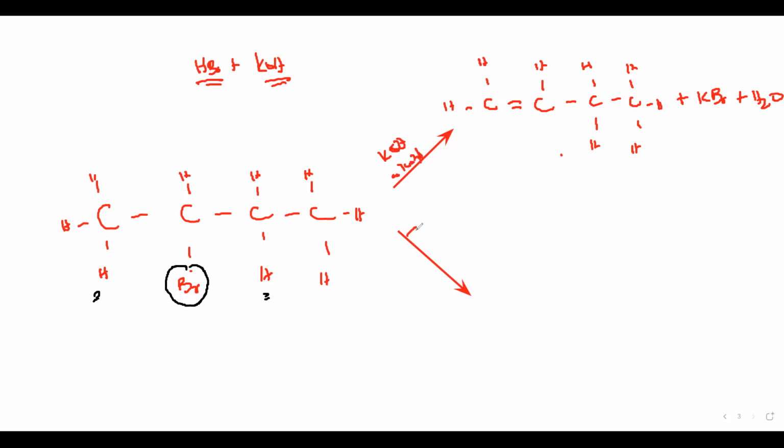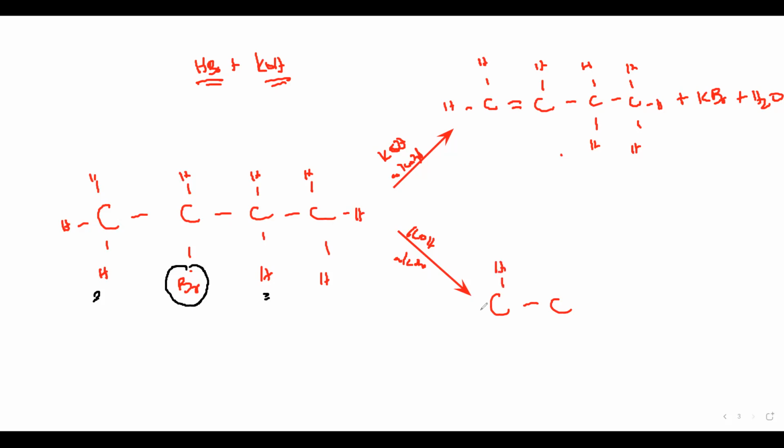Same thing, if you are using KOH in alcoholic medium, what could be the second possibility? The halogen will be removed, but the adjacent carbon either on the left or the right hand side will lose its hydrogen. If the left hand side is losing the hydrogen, the double bond is between first and second. If the hydrogen is removed from the right hand side, then the double bond is between second and third.